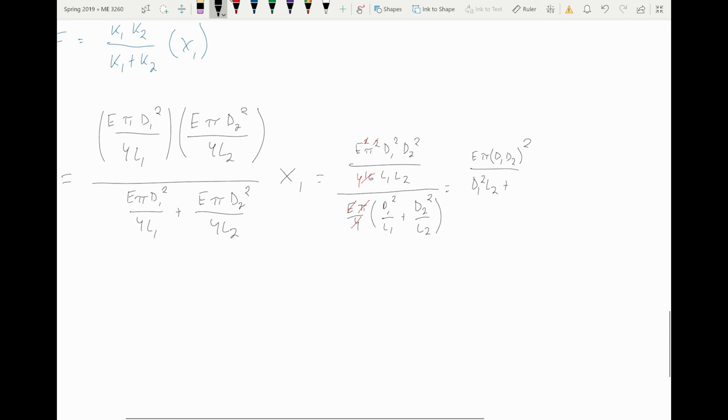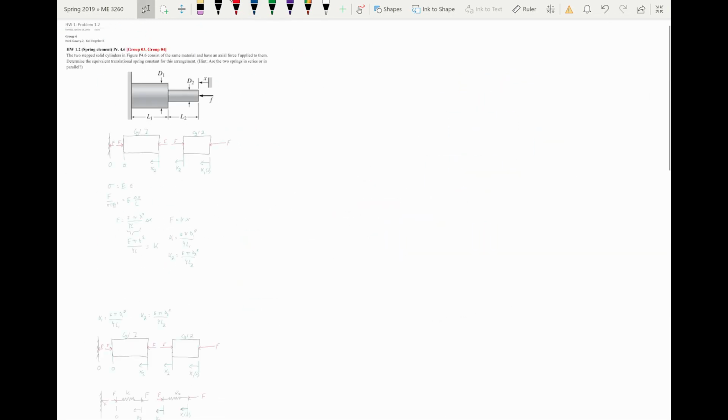So we have d1 squared L2 plus d2 squared L1. All of this gets multiplied by x1 and is equal to force. So the equivalent spring constant for a single spring representing the two cylinders is shown below.